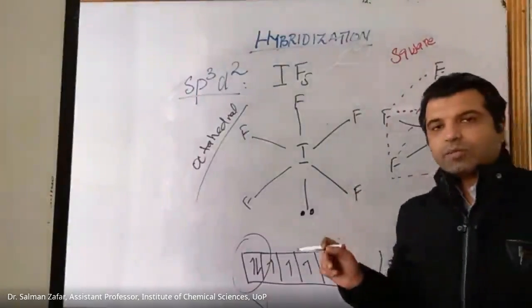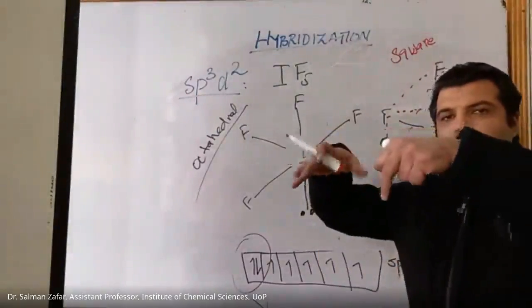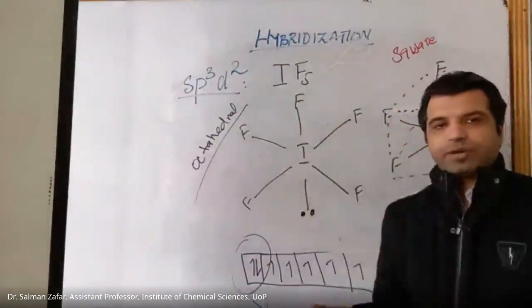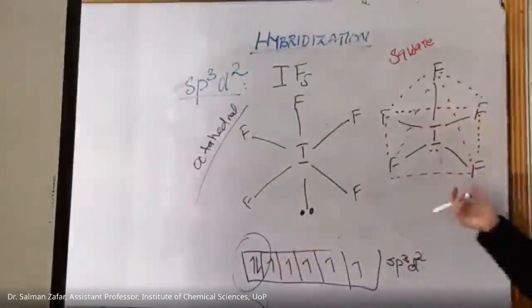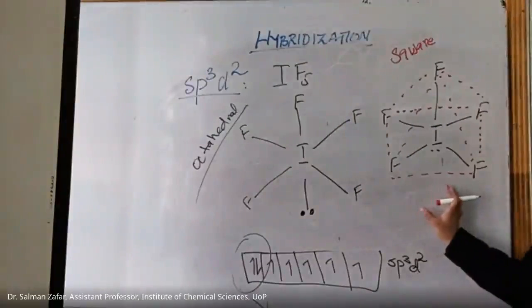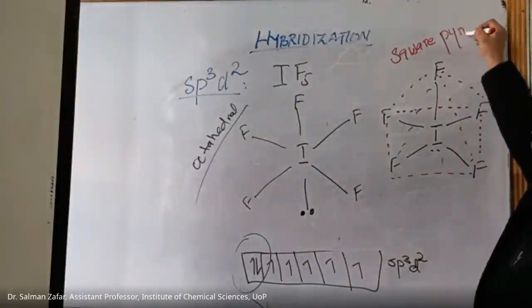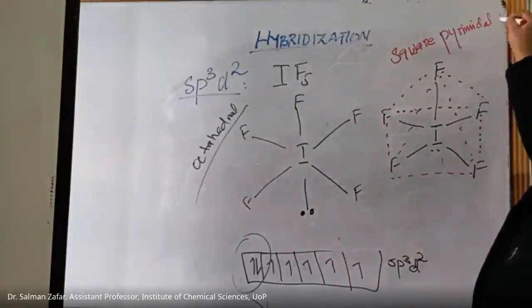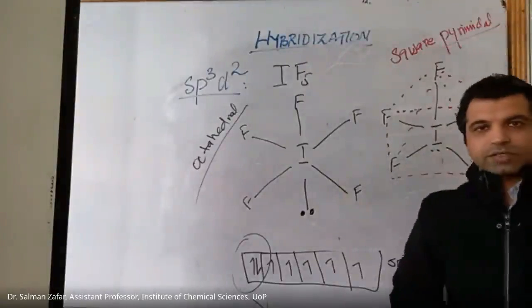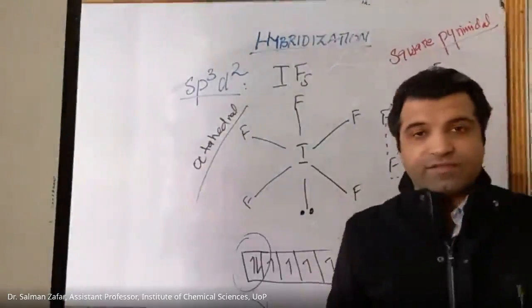In trigonal bipyramidal, we had a pyramid above the triangle and a pyramid below the triangle. But here we do not have a pyramid below. We only have one pyramid. So it's a square pyramid. So this is how IF5 is formed.